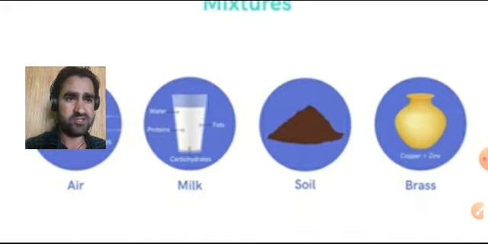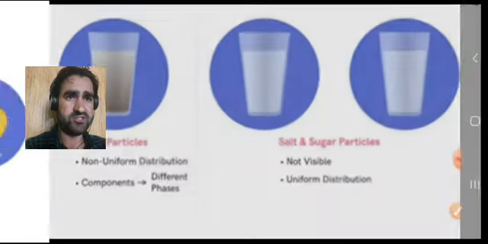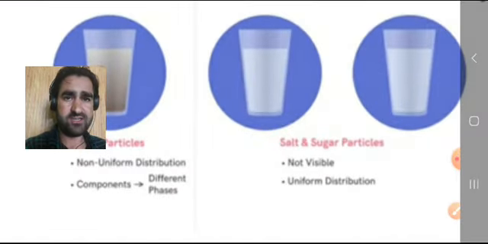Soil is also a mixture, and so is brass, an alloy of copper and zinc. So all these substances are mixtures. Having said that, we should also remember that all the mixtures are not the same. There are different kinds of mixtures.